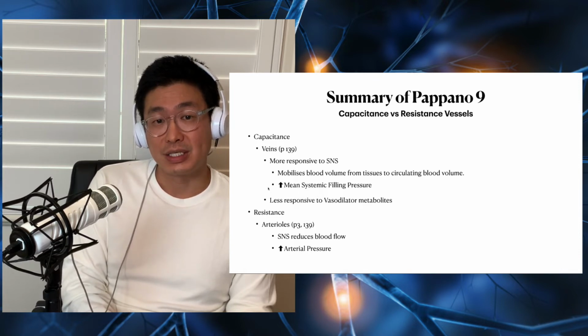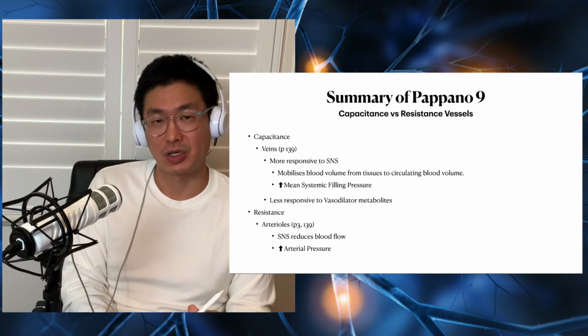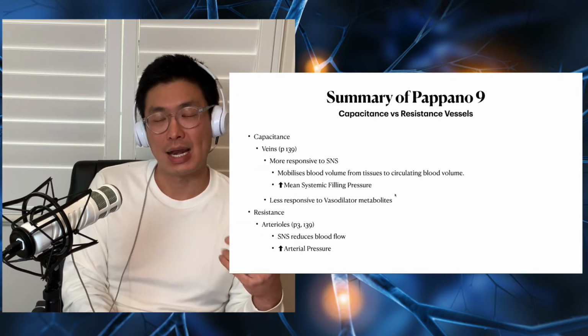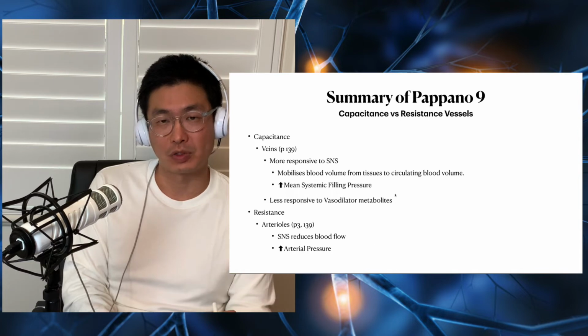With the resistance vessels or arterioles, sympathetic nervous system stimulation reduces blood flow and increases arterial pressure, and it does not change your mean systemic filling pressure. So there's no change in that. And we'll show that in the vascular function curves and how resistance changes it or rotates it.